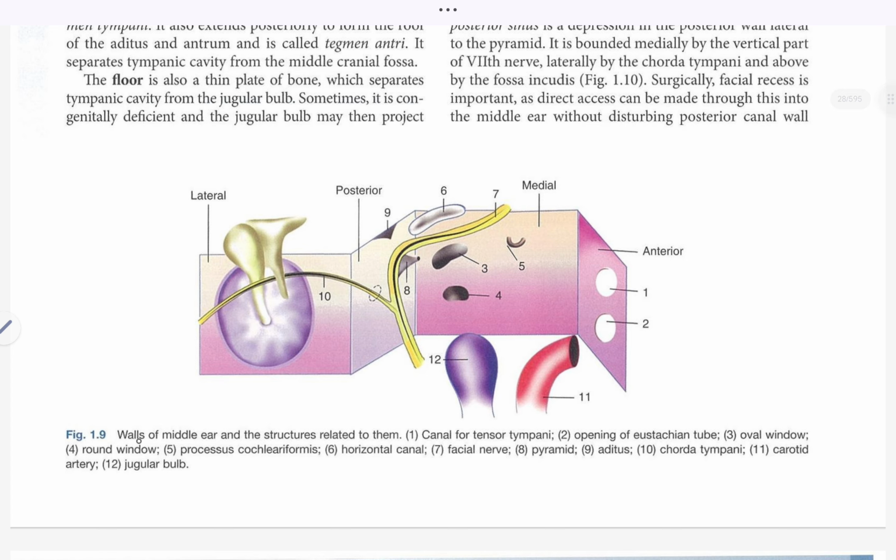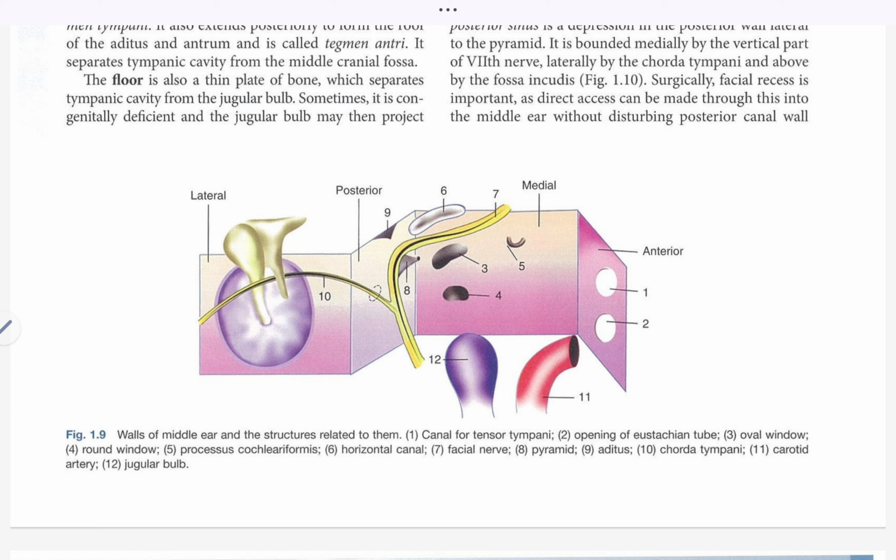Here we can see the walls of the middle ear and the structures related to them. One is the canal for tensor tympani. Two is the opening of the eustachian tube. Three is the oval window. Four is the round window. Five is the processus cochleariformis. Six is the horizontal canal. Seven is the facial nerve.